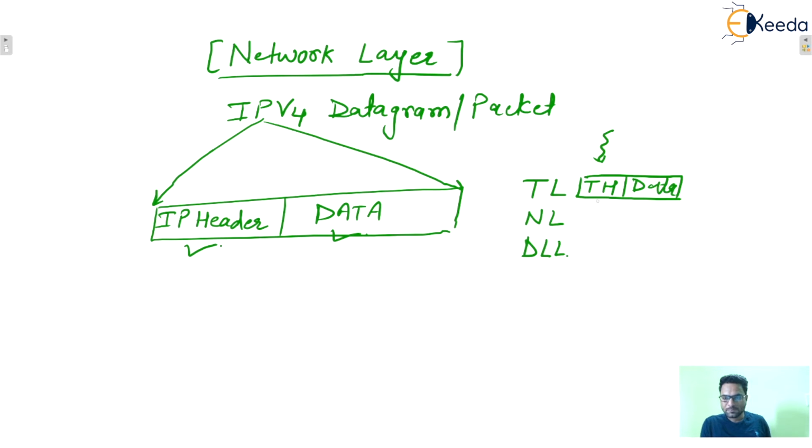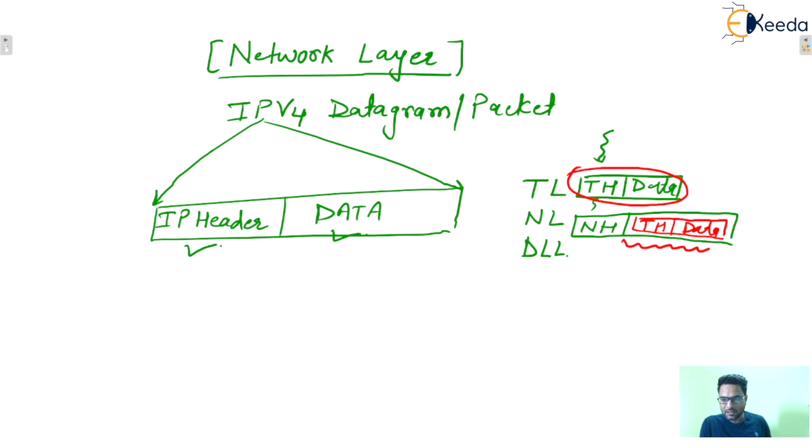Now, whenever this packet comes to the network layer, the network layer header will be attached, and whatever this particular packet is will be inside this one: transport header plus data.